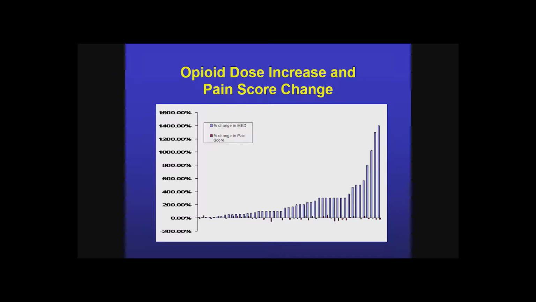But then this little red bar is the change of pain score. We typically use numeric pain score. You read a lot of papers that talk about a visual analog scale. Actually, these two scales are quite different. One is digital, in my view, one is analog, as is mentioned with the VAS.